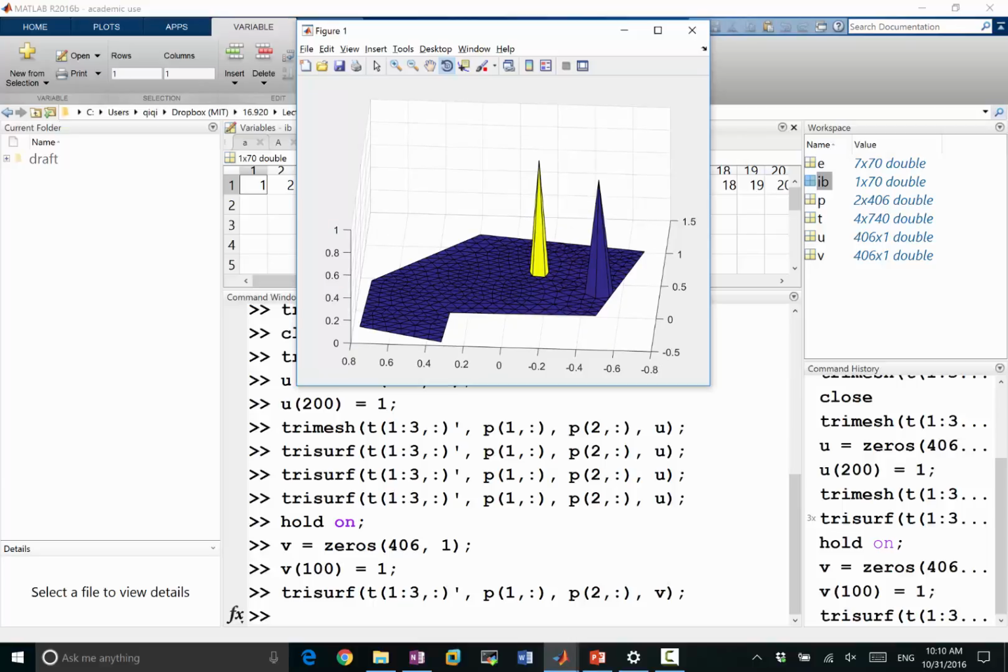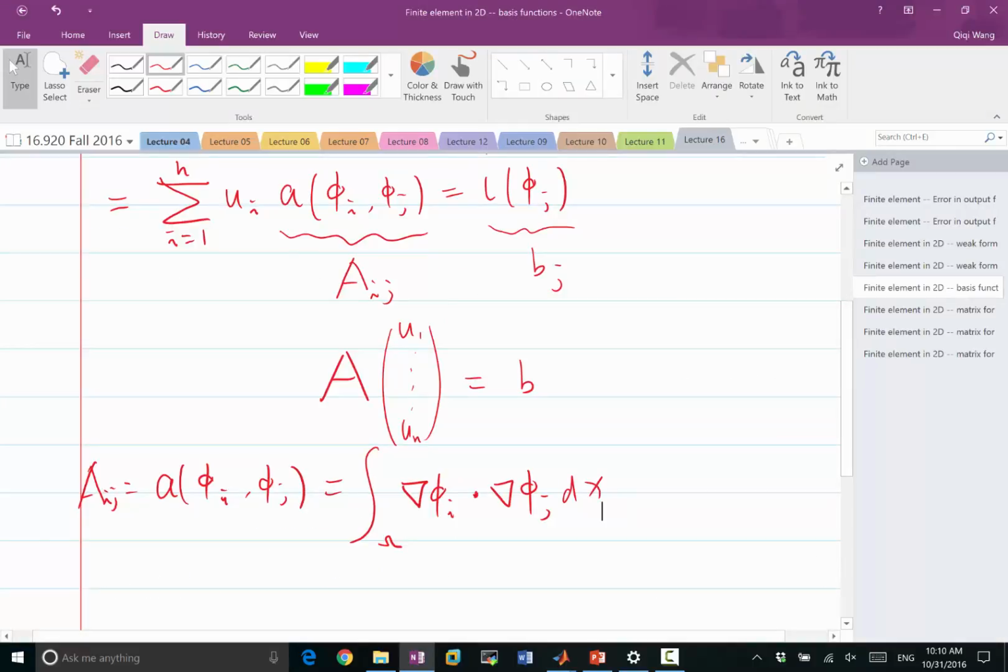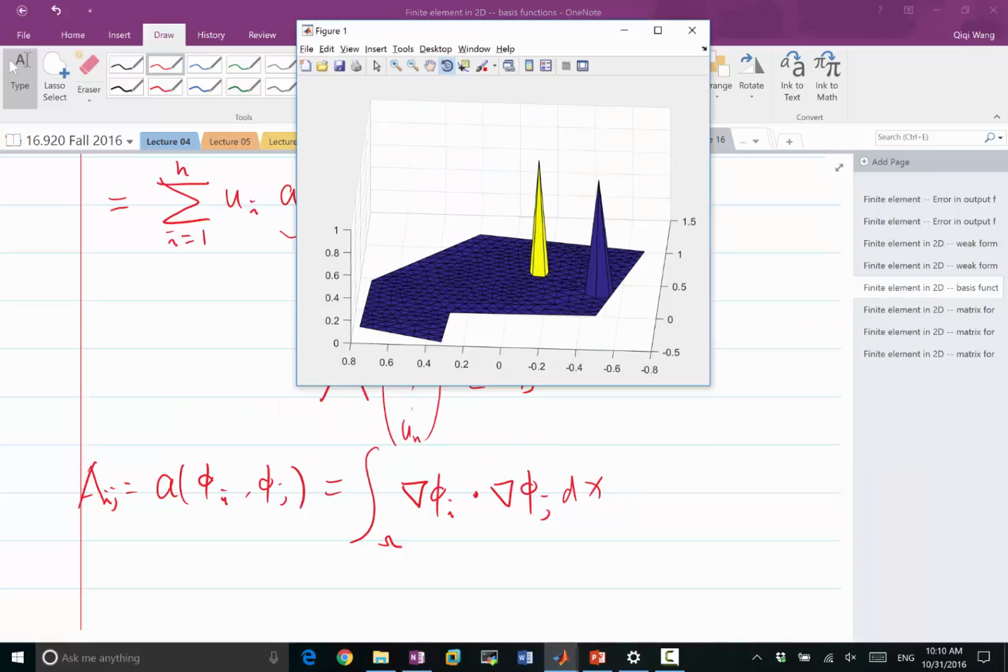So if i and j are equal to 100 and 200, what is A_ij in that case? It's going to be 0, because if we look at the formula for A_ij, it is the integral over the entire domain of the gradient of phi_i times the gradient of phi_j. And the gradients of phi_i and phi_j have no overlap in the areas where they are non-zero.